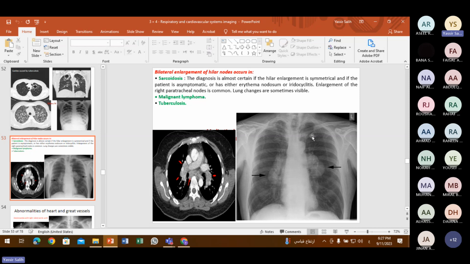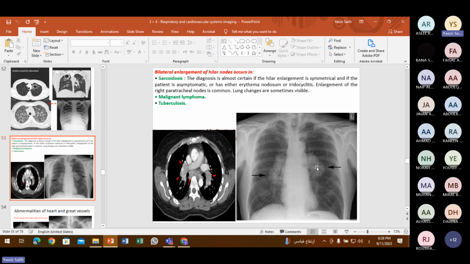What abnormality do you see in this chest X-ray? Opacity near the hilum. Yes, there is opacity. Where is this opacity? Near the hilum. In one hilum or both hilum?